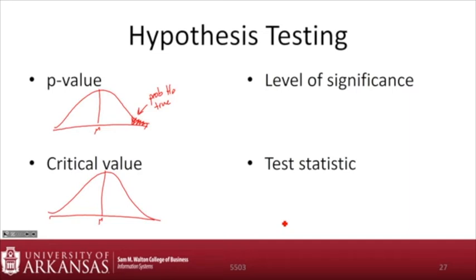Then I can actually calculate this value right here. And if you can get your test statistic, and we're going to talk about test statistic in a second, in that region, then you get to reject your null hypothesis. Depending on the scenario, everybody's happy.